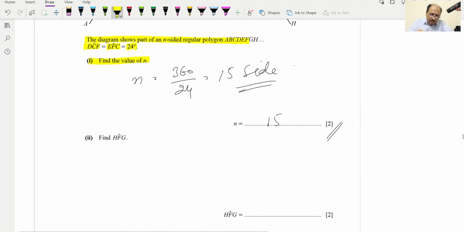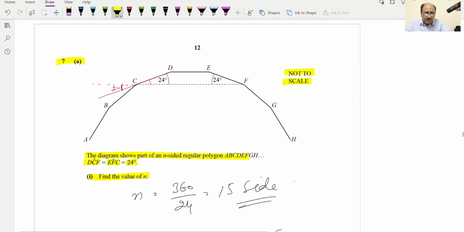Then they are saying find HFG. HFG means what?